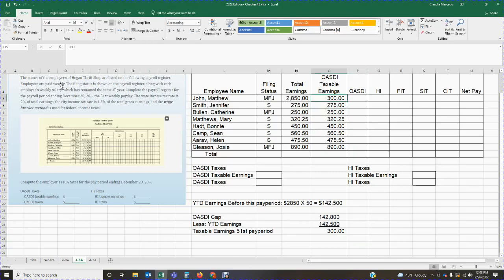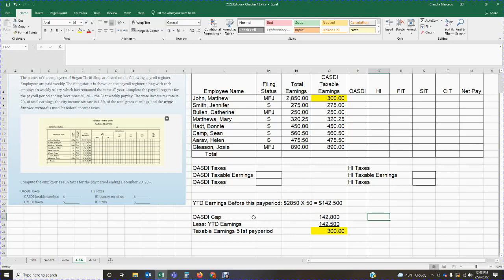So it's very important that you know that we computed that number using this calculation down here. Yes, Matthew makes $28.50, but not all of it is going to be taxable. Why not, Dr. Mercado? Well, before this 51st paycheck, Matthew had already earned $142,500. $28.50 times 50 paychecks, that's $142,500.